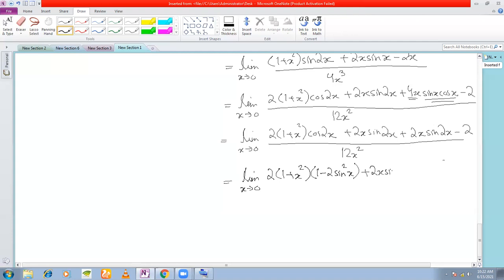Plus 2x sine 2x. If you change this by multiple angle formula to 1 minus 2 sine square x, and you write this as 2x sine 2x plus 2x sine 2x, this becomes 4x sine 2x.